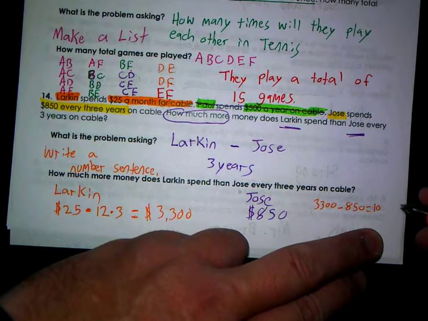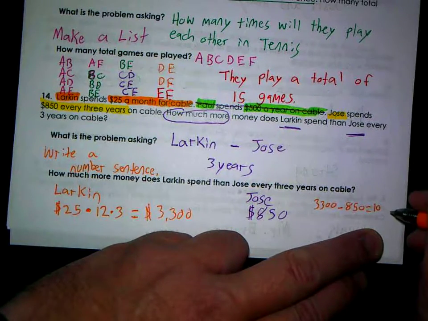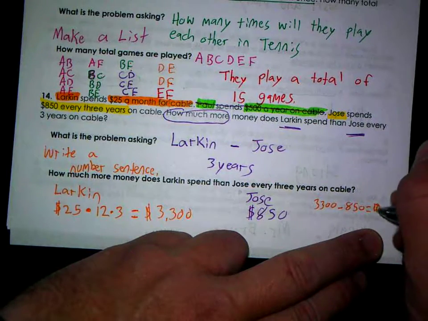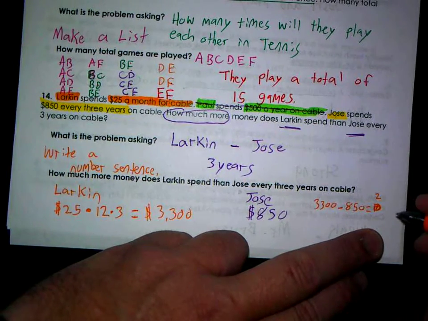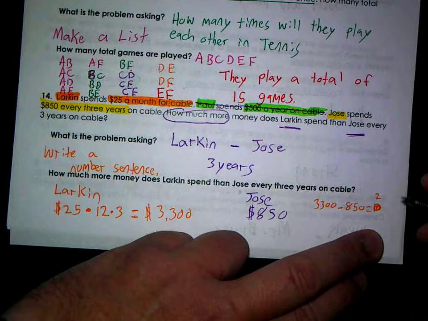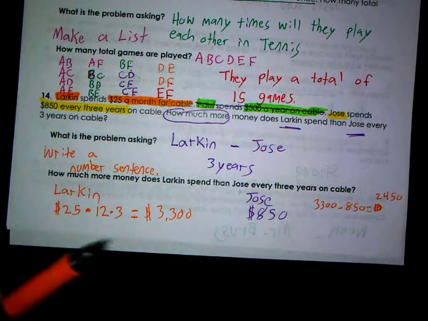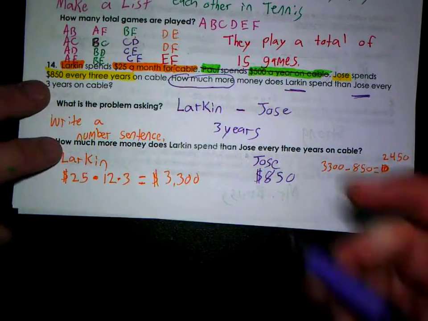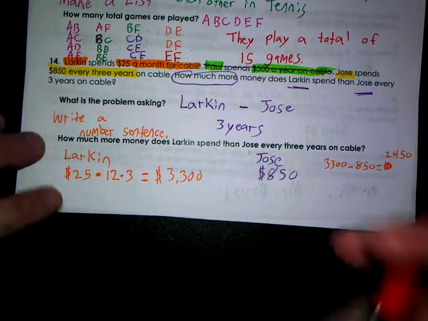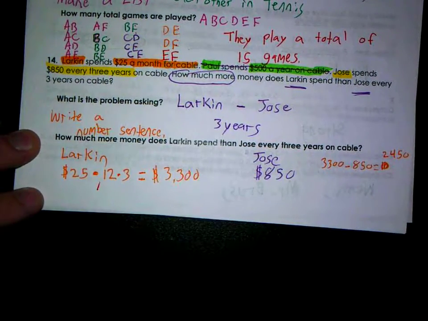10,000, what, 400? 2,000, it can't be 10,000, 2,000, 450. So I could say in a complete sentence, oh, it is wrong?